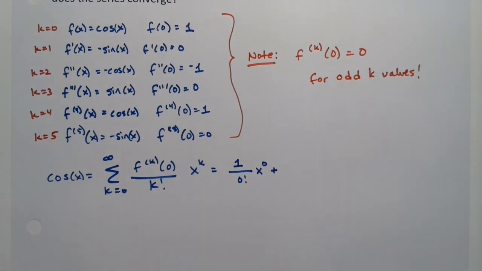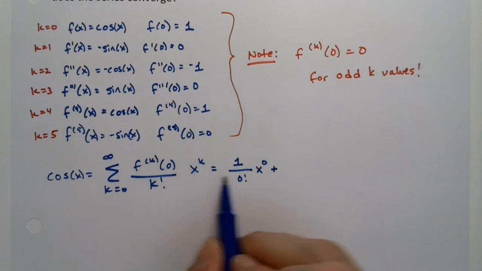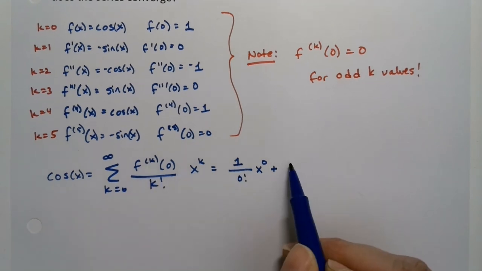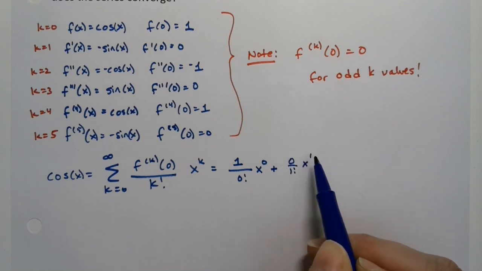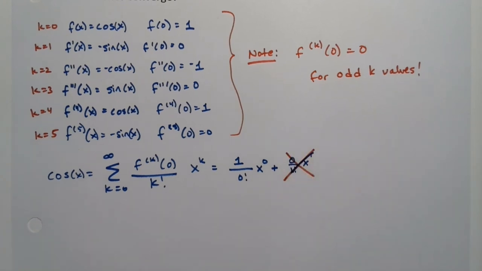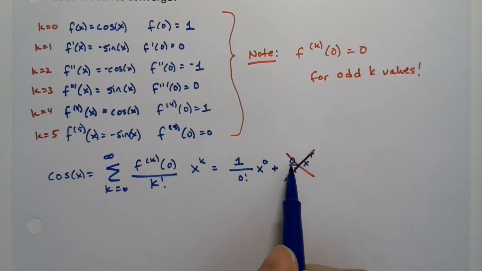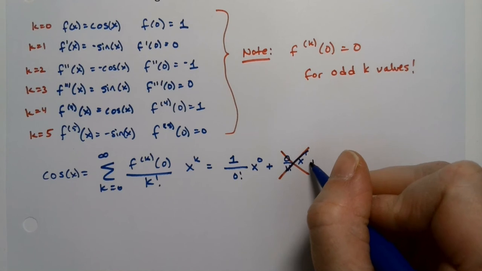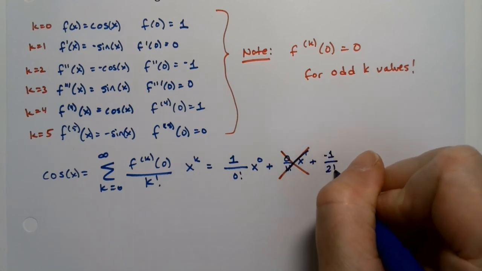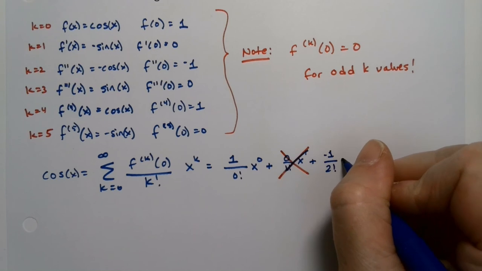Okay, which means I can skip the next term because the first derivative is going to be 0, and so it's just going to disappear. It'd be 0 over 1 factorial times x to the 1, but it's all going to go away because it's 0. And then the next term would be negative 1 over 2 factorial times x squared.